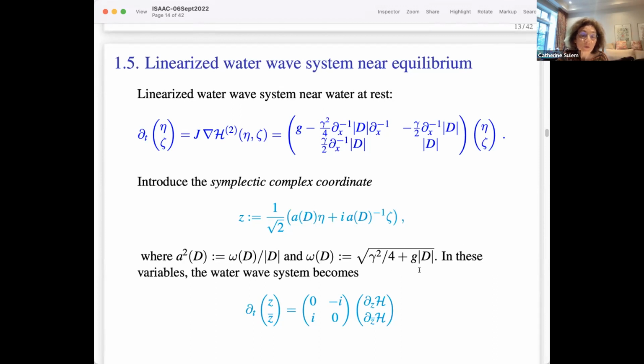So omega, if gamma were 0, would be the dispersion relation, but here it is a modified dispersion relation, and A is related to omega by this formula. In any case, in these variables zeta and zeta bar, the complex conjugate, the Hamiltonian system is diagonalized and takes this form.